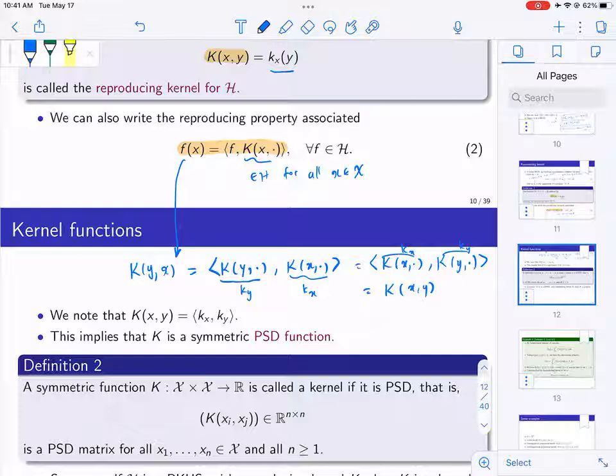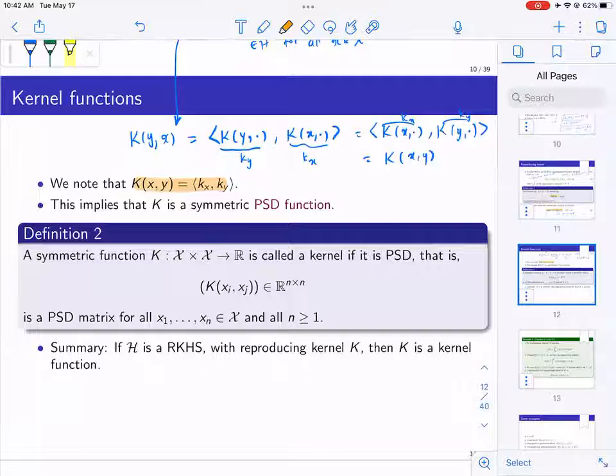So first it shows that it's symmetric. Next it shows that it's also positive semi-definite, because I can write the kernel function as an inner product of these things. It's a positive semi-definite function. What it means to be positive semi-definite is that if I pick a sequence x_1 up to x_n in X, and I form this kernel matrix, which is the kernel evaluated at x_i, x_j, this is a positive semi-definite matrix.